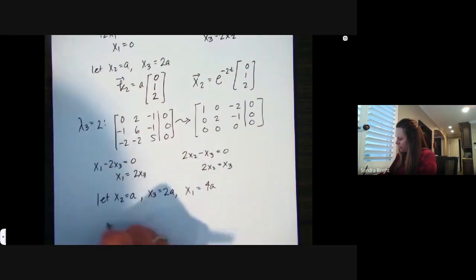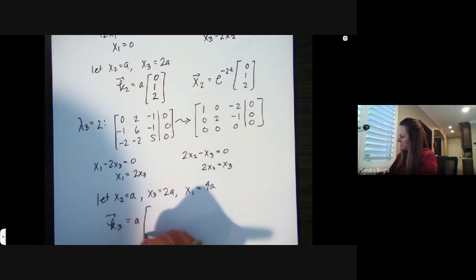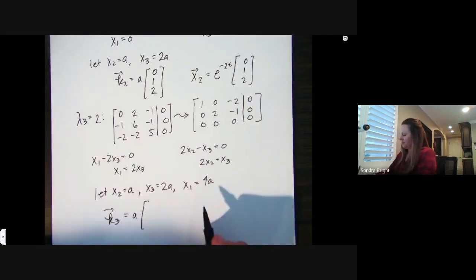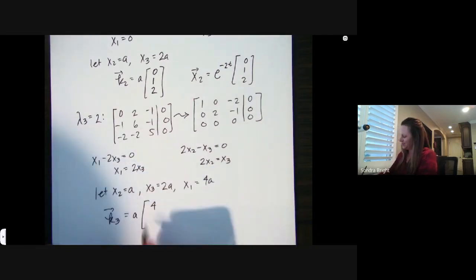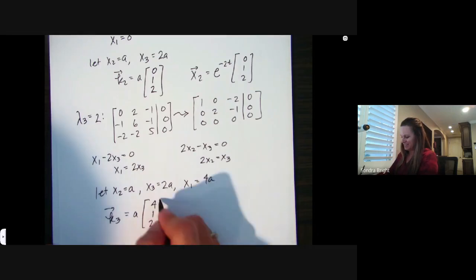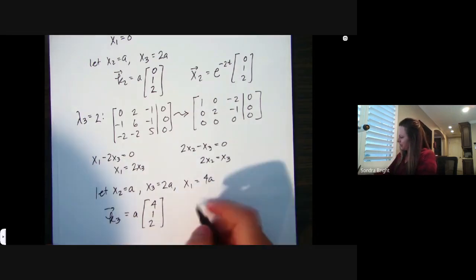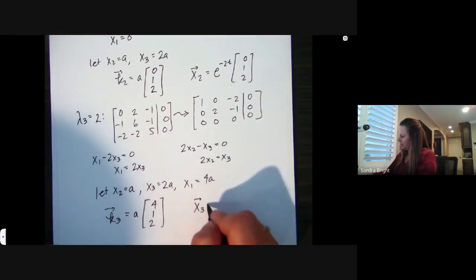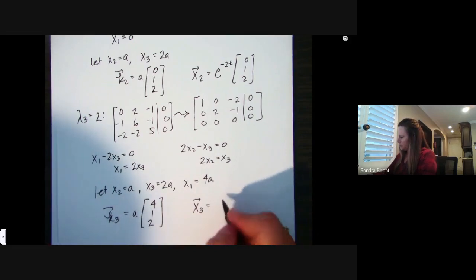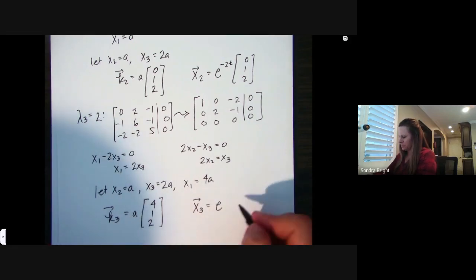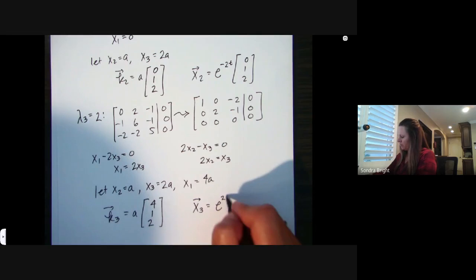So your third eigenvector would be a times 4, 1, 2. And so your third solution will be e to the positive 2t times 4, 1, 2.